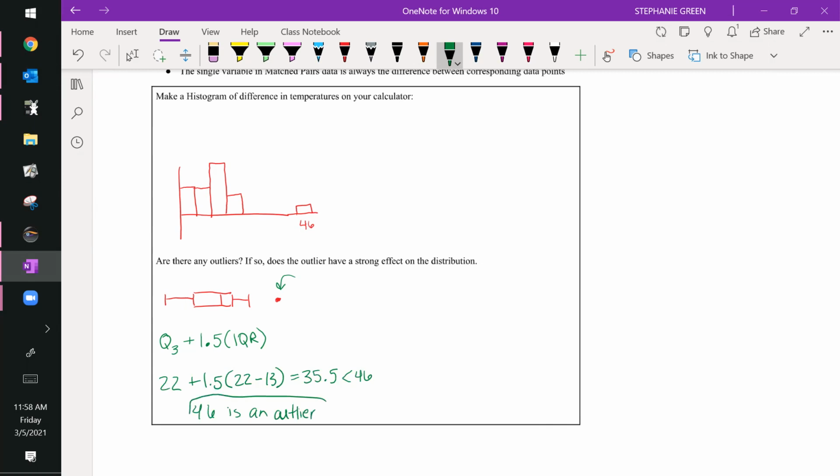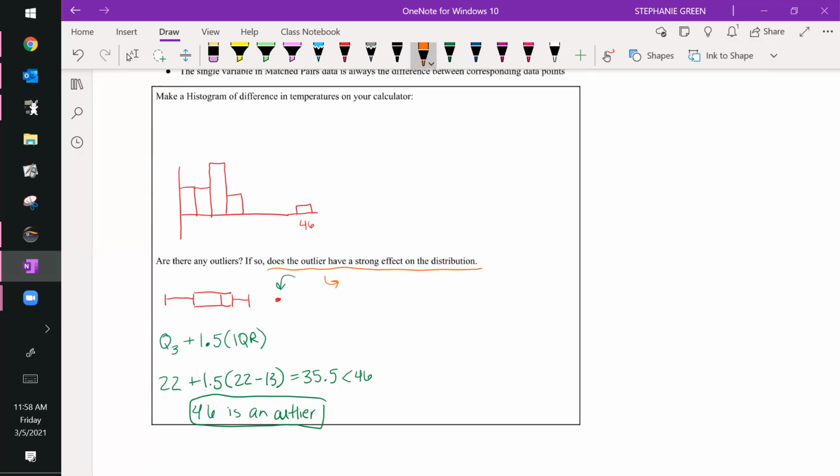Okay, that's not all though. It also asks you here, does the outlier have a strong effect on the distribution? So here you have to remember, an outlier is not necessarily always a bad thing. When we do have outliers, a lot of times we can just ignore them if they don't have a strong effect on the distribution.